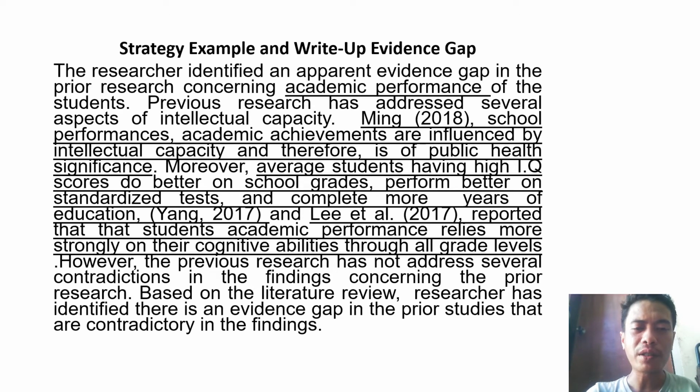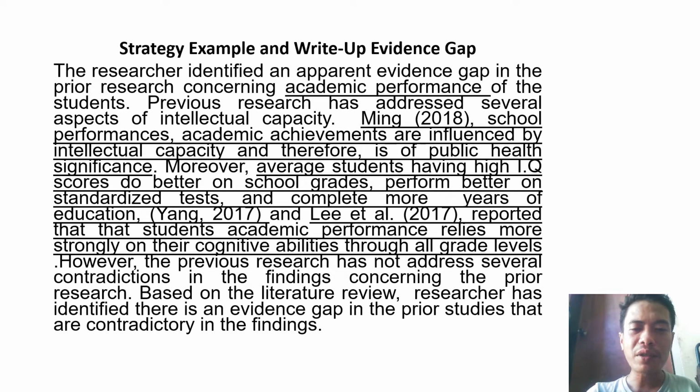Yang 2017. The third one, Lee et al. 2017, reported that students' academic performance relies more strongly on their cognitive abilities through all grade levels. However, the previous research has not addressed several contradictions in the findings concerning the prior research.